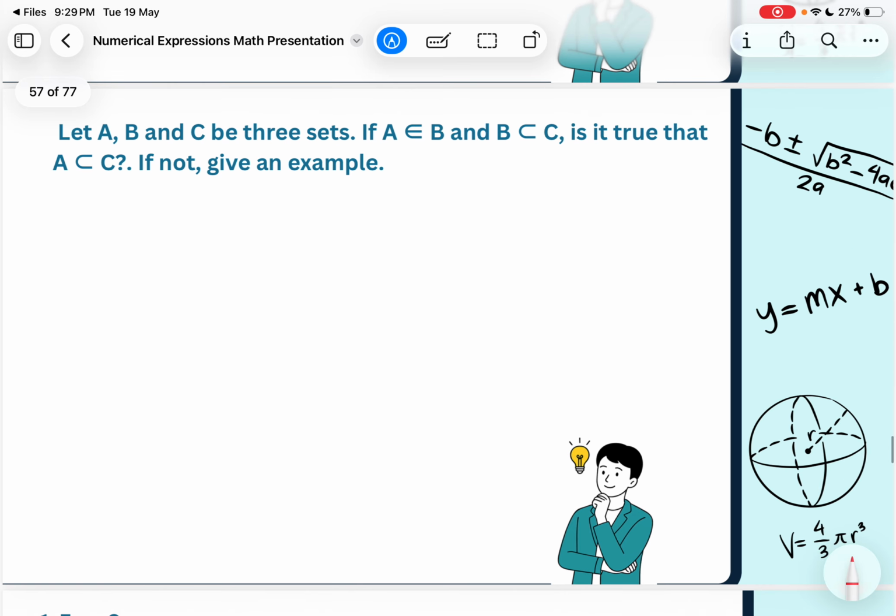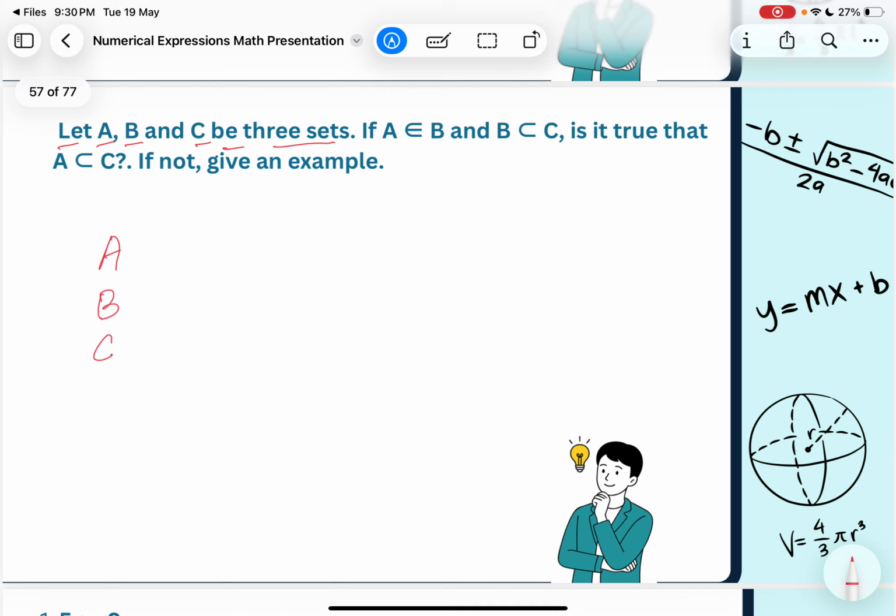Okay. Now let A, B and C be 3 sets. So we have A, we have B, we have C. We don't know what the elements are. So it's saying if A belongs to B. First of all, it's saying A, B and C are 3 sets.